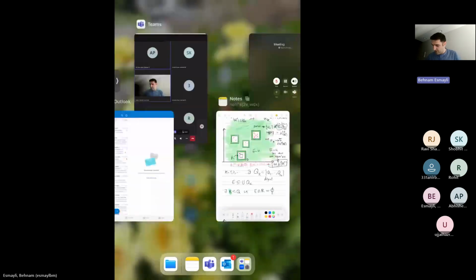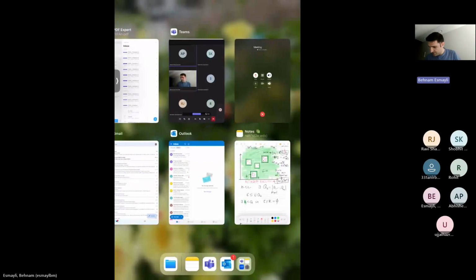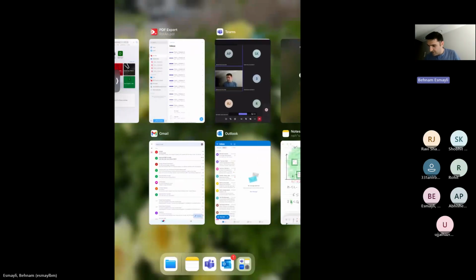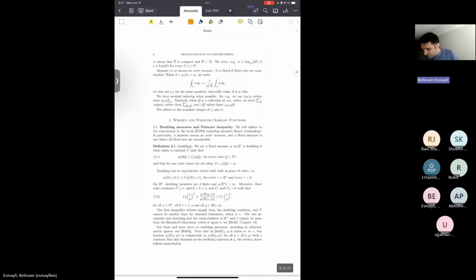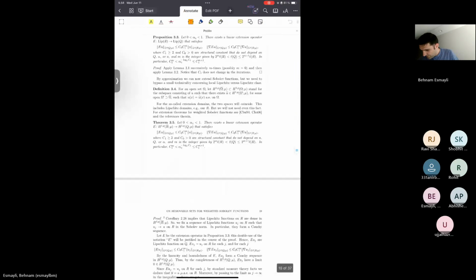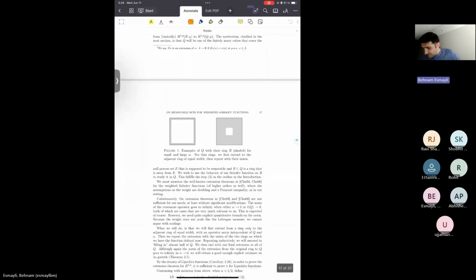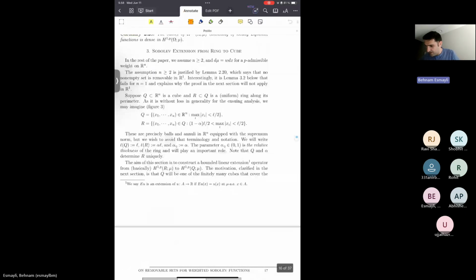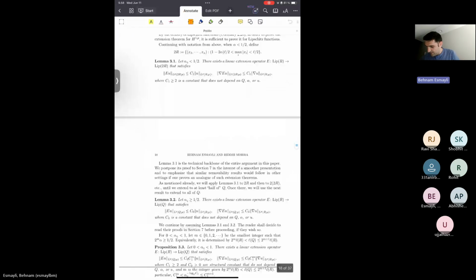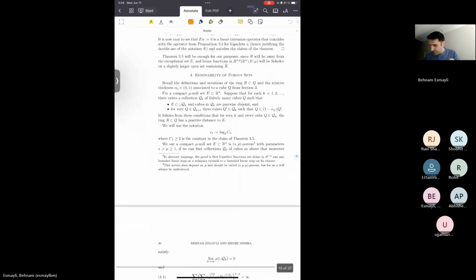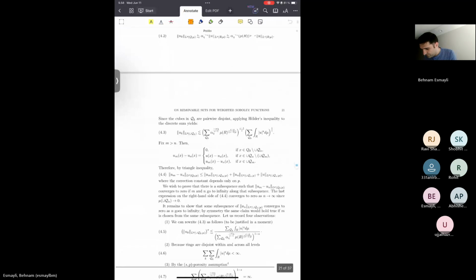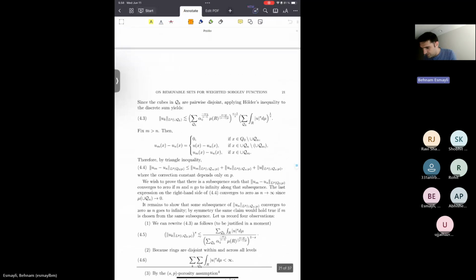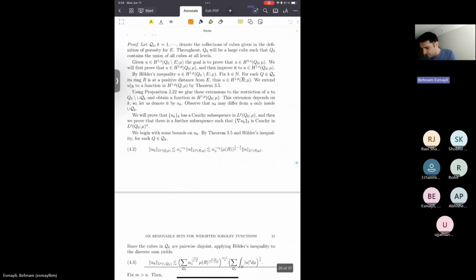So let me just show you a picture of the type of calculation, and that will be it for today. And that C1 in the porosity definition is the constant, the Sobolev extension constant. Yeah, so here are the calculations. After you extend, you get the Sobolev norm.